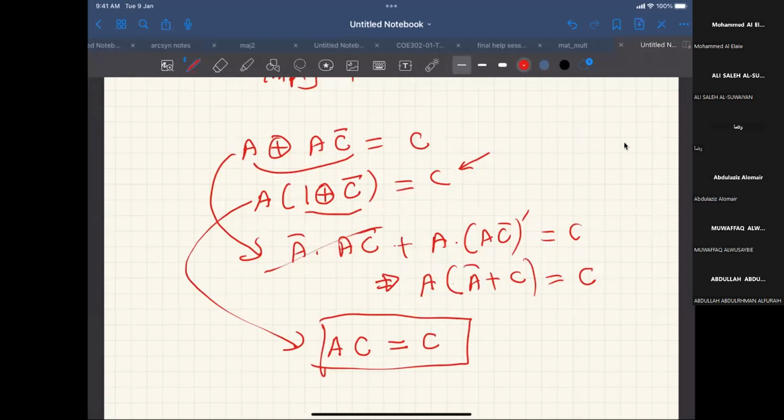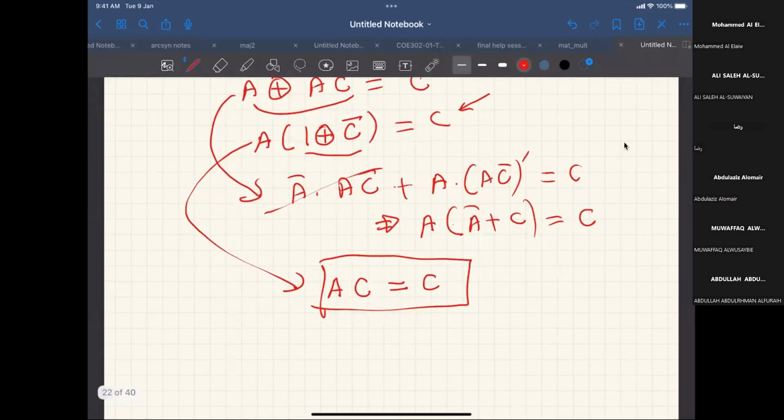Actually, the thing that is important here is A. A is the controlling factor. C is a free variable. When A is 0, this equation will not be correct. So A must be 1.